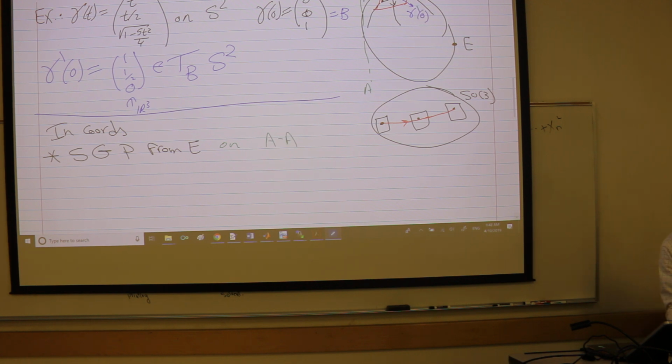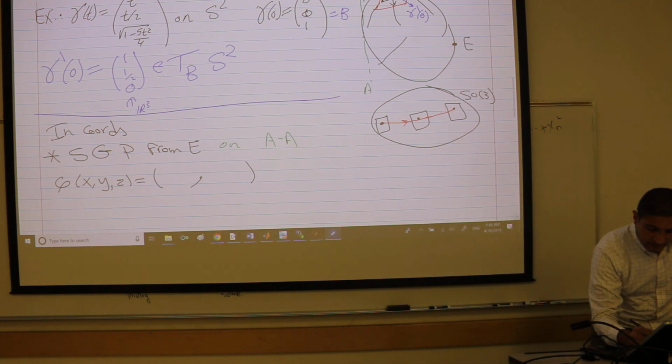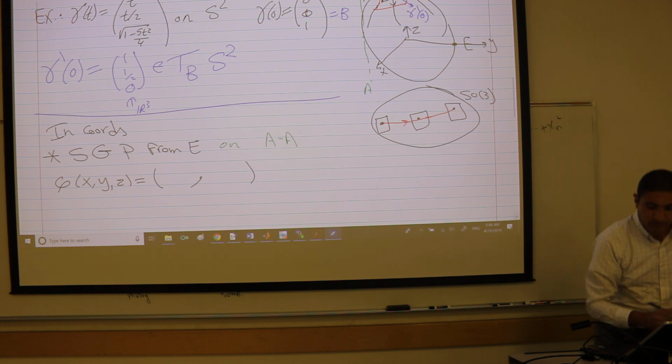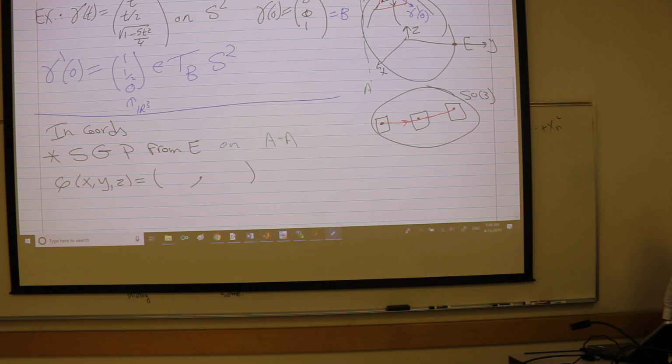Follow the way we did it last time to get your phi. So phi takes a point on the manifold and gives you your coordinates. It's a two-dimensional manifold, so I would have here two things. Obviously, if this is X, this is Y, this is Z, I'm projecting on the XZ plane, right? AA, I'm projecting on the XZ plane.